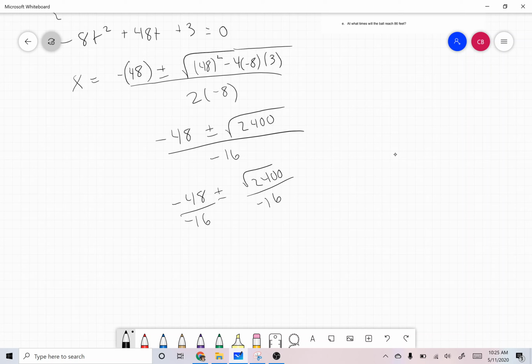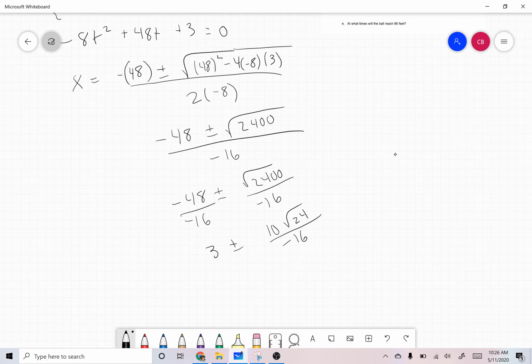Okay, so this is 3 plus or minus the square root of 2400. Well, 2400 is 24 times 100, so we have 10 square root 24 over negative 16 so far.